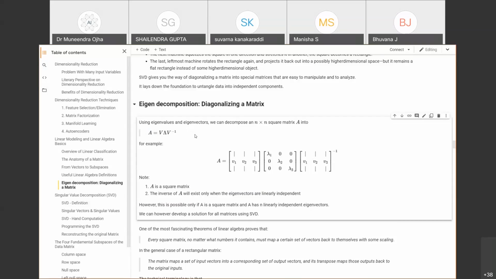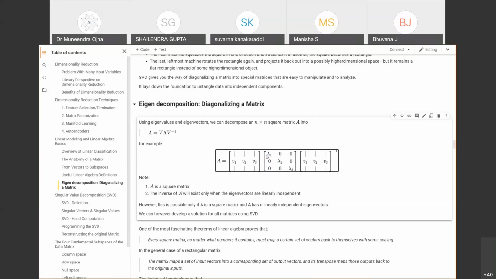Now, what are these three subcomponents? We have decomposed this matrix A into three matrices, where the central matrix lambda is a matrix of eigenvalues. These lambdas are called eigenvalues. Lambda 1 is an eigenvalue of this matrix A, lambda 2 is an eigenvalue, and lambda 3 is an eigenvalue of this matrix A, such that all these eigenvalues are on the diagonal only.